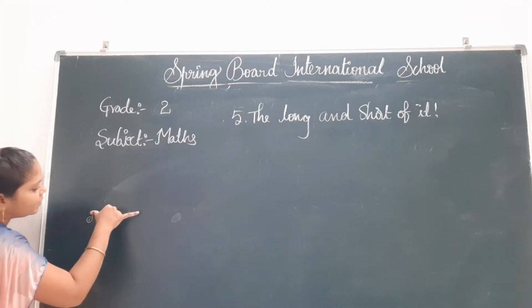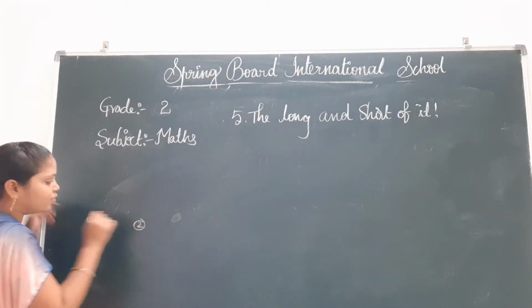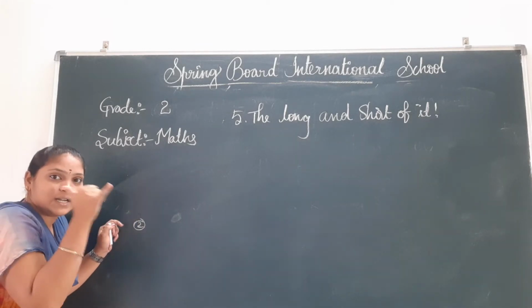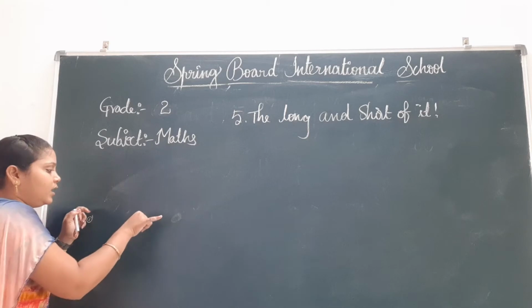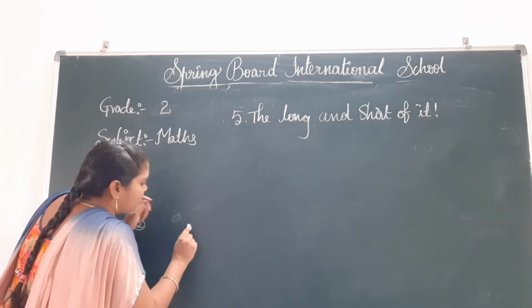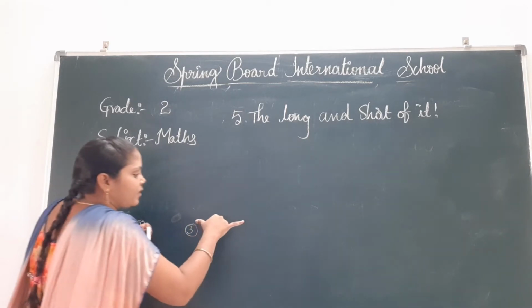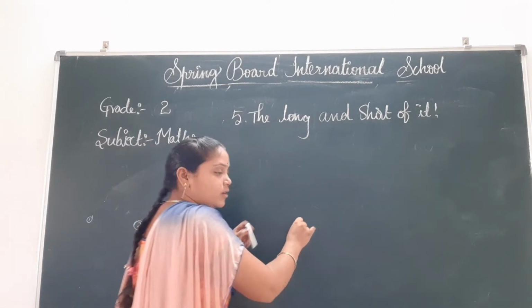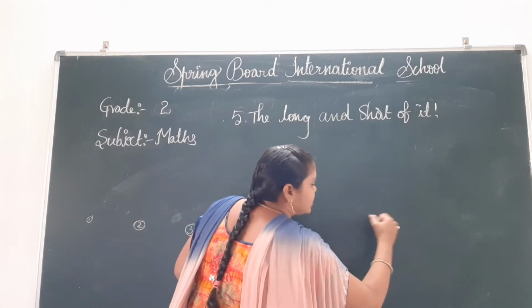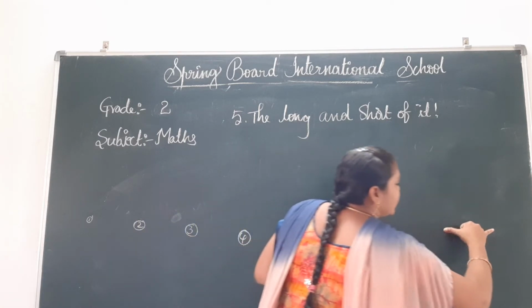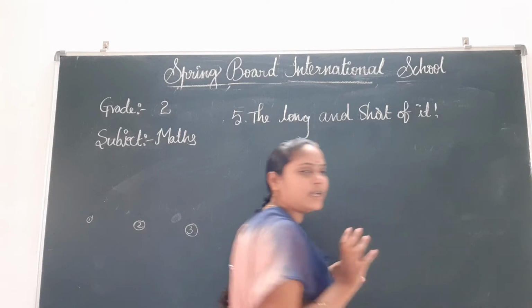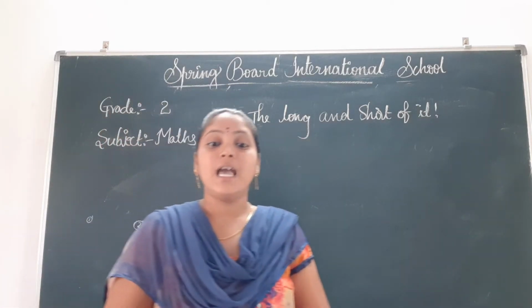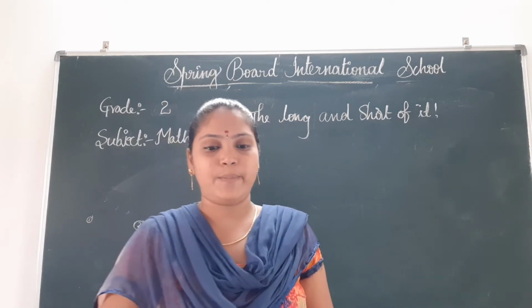One, then 2, again I am counting, this is the distance between thumb finger and little finger, again it's 3, 4, 5, 6, 7, 8, 9 and nearly 10.